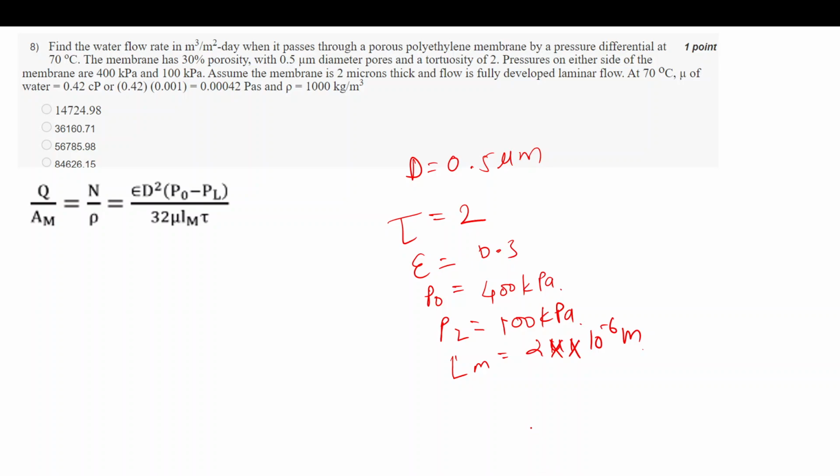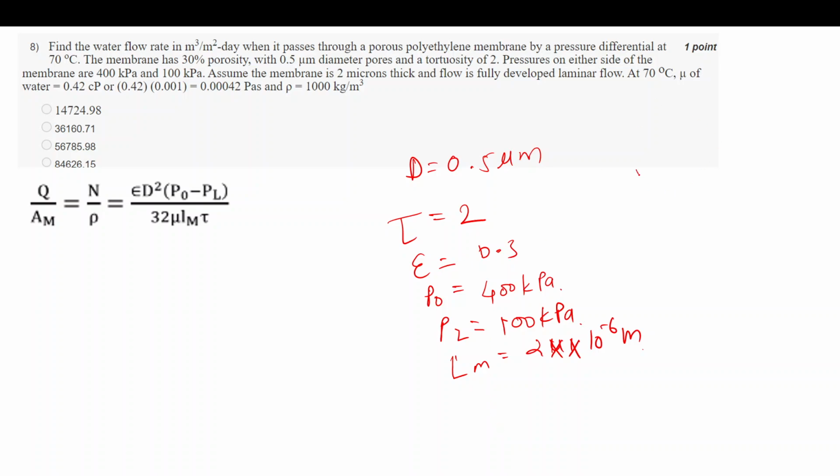Assume the viscosity to be 0.42 centipoise, or that is equal to 0.00042 pascal seconds, and the density to be 1000 kilogram per meter cube.